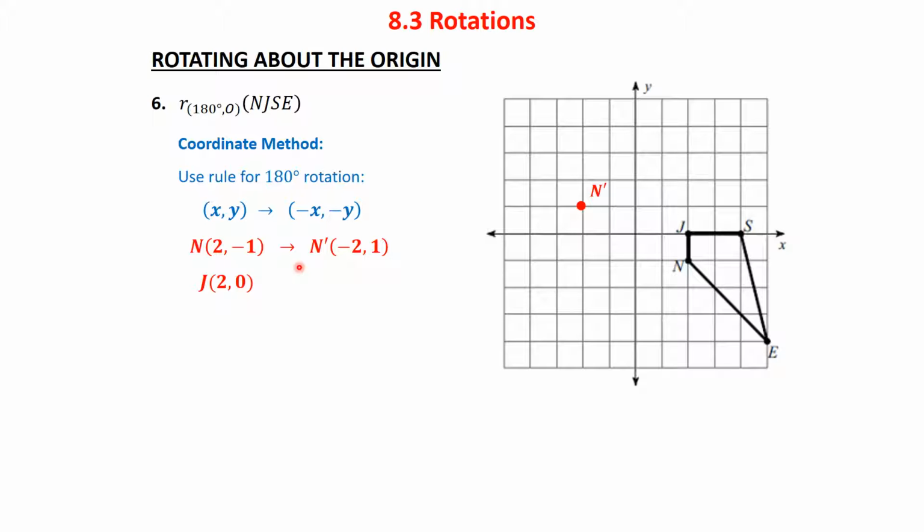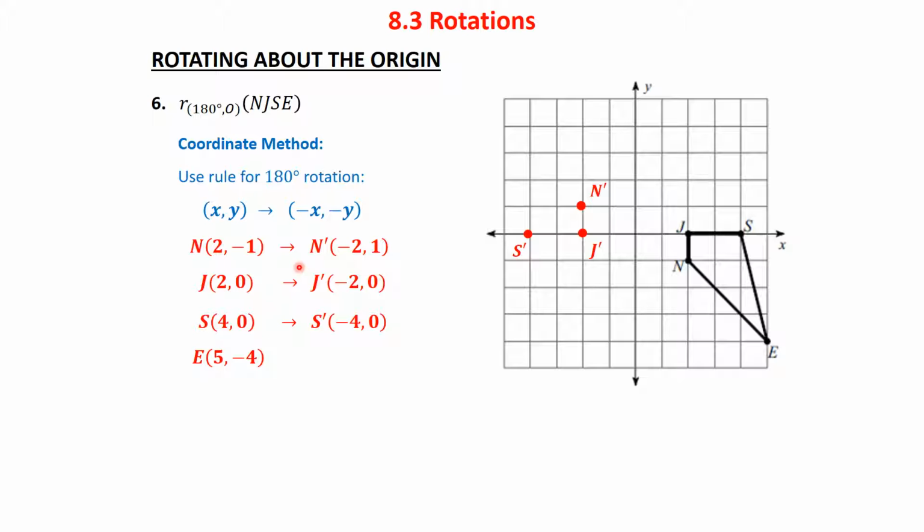My point J, which exists at 2, 0, I'm going to multiply everything there by -1, and I get my point J prime, which exists at -2, 0, right there on the x-axis. My point S, which is existing at 4, 0, I'm going to multiply that by -1, and I get -4, 0.